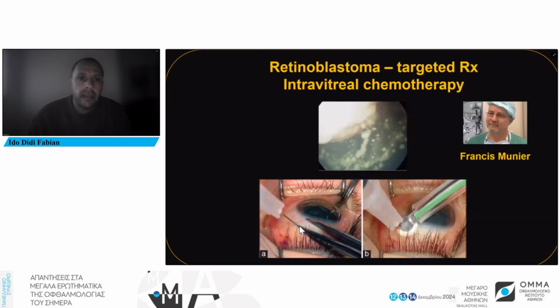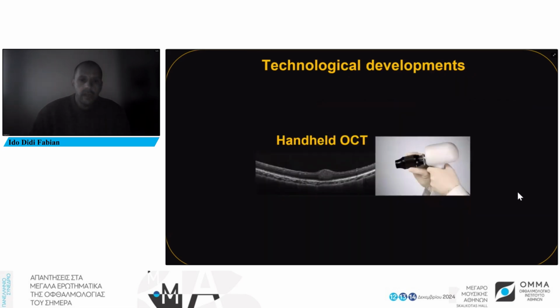It's like an intravitreal Avastin injection, but what we do here is we inject melphalan or recently topotecan, and then when we remove the needle, we perform a double freeze-thaw with a cryoprobe, and this is to avoid extraocular spread of tumors.